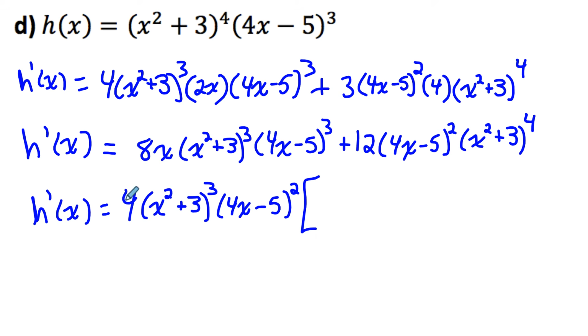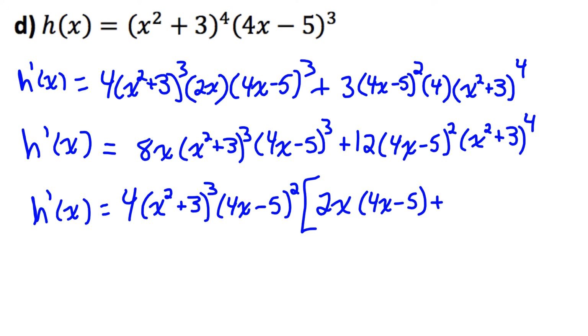So 8x divided by 4 is 2x. X squared plus 3 cubed divided by x squared plus 3 cubed, well that's 1. I suppose I could write a times 1 if I want, but I'm not going to. And then 4x minus 5 cubed divided by 4x minus 5 squared. I know my exponent rules tell me to keep the base of 4x minus 5 and subtract the exponents, so it's an exponent of 1.